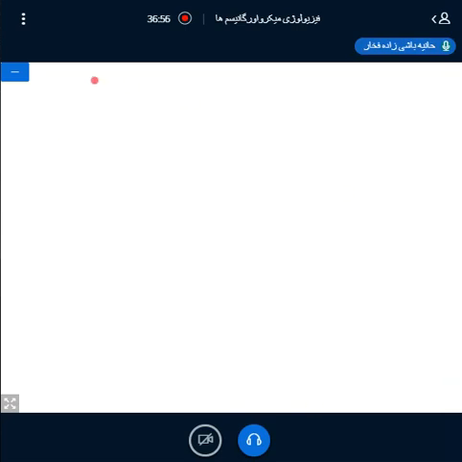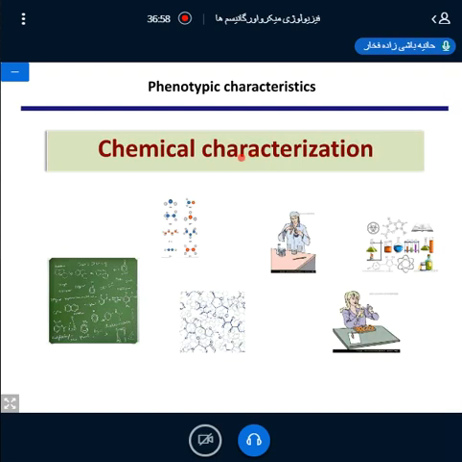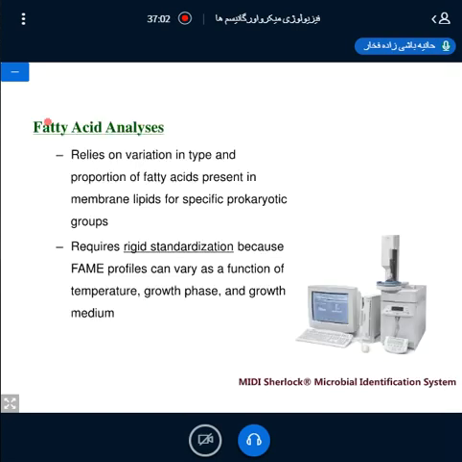Chemical characters are among the phenotyping characters, and they are important. Fatty acid analysis. Let's speak about fatty acid analysis. It relies on variation in the type and proportion of fatty acids present in membrane lipids for specific prokaryote groups.